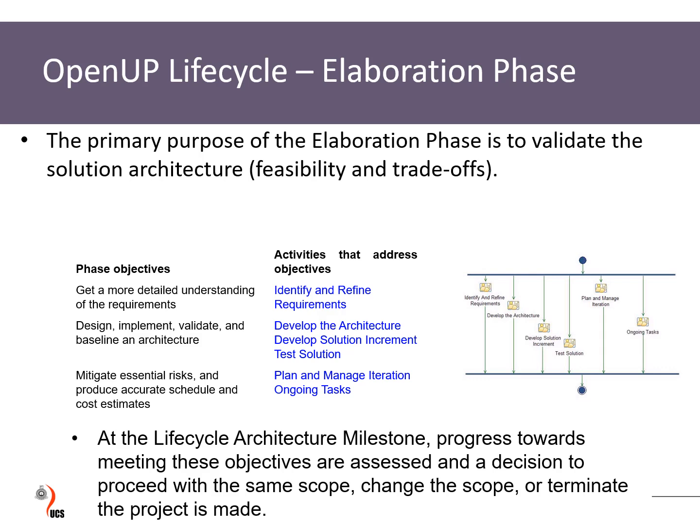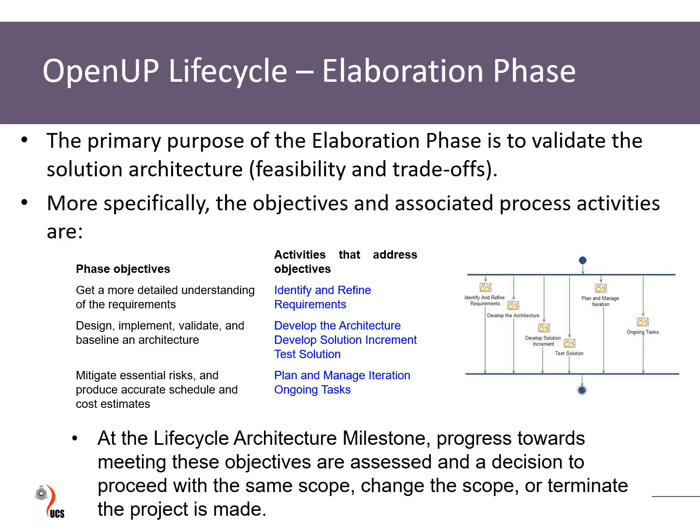Here the detailed activities are conducted, where you can see the phase objectives, the corresponding activities, and the visual representation, to get a more detailed understanding of the requirements. Then identify and refine the requirements.